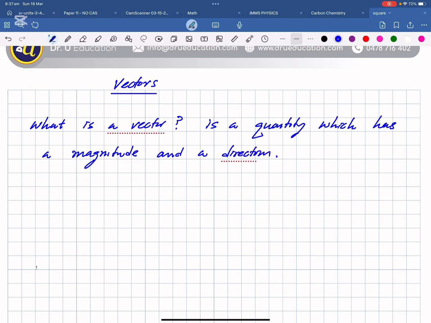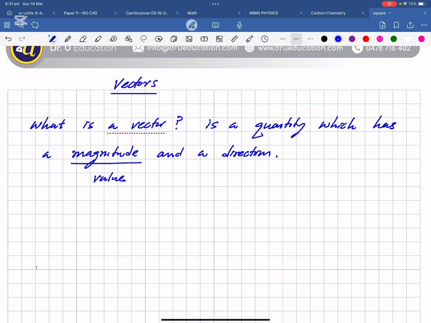So magnitude means value. Right? So it has a direction. For example, $5 has a value. That's called the magnitude, but it doesn't have a direction.